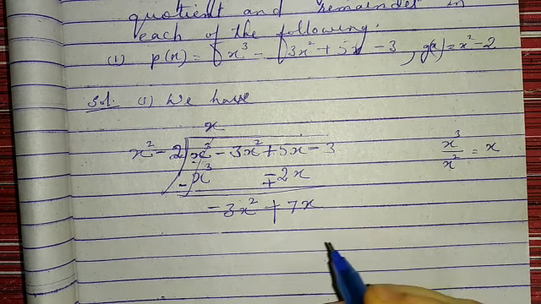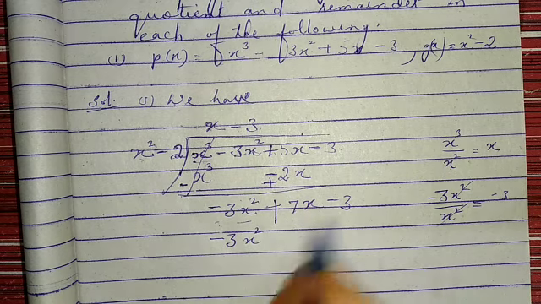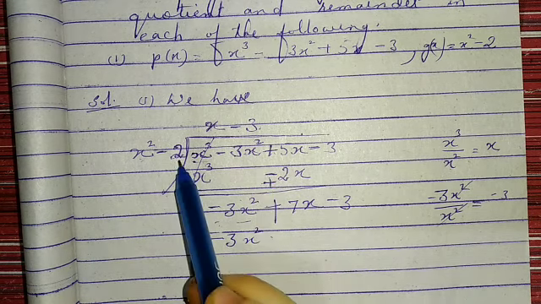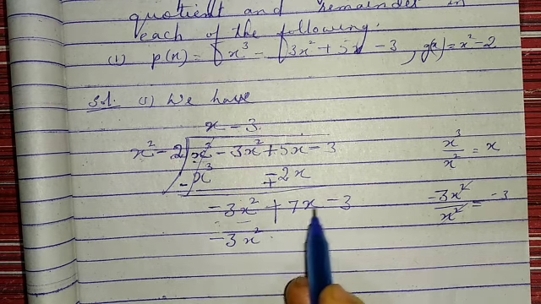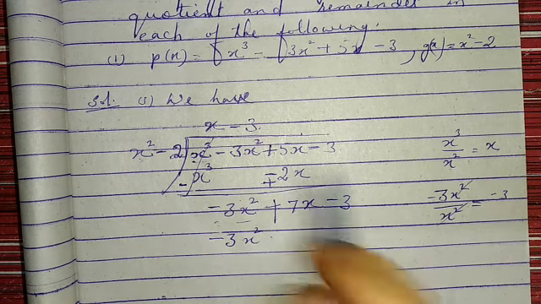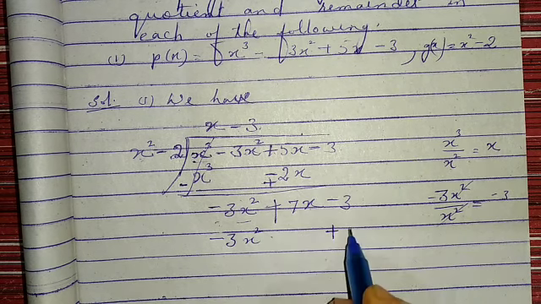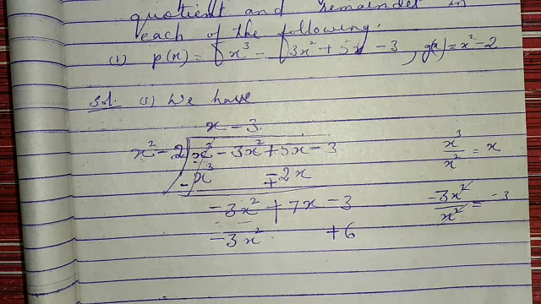Now, multiply it. x square into minus 3 is equal to minus 3x square, and then minus into minus is plus, and 3 into 2 is 6. This is not a term of x, so don't write it here, write it in the constant term. 3 twos are 6.